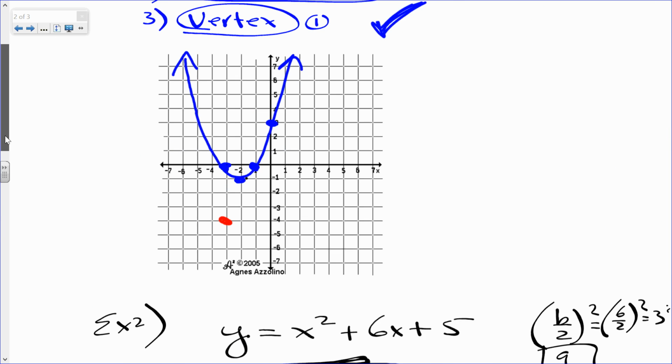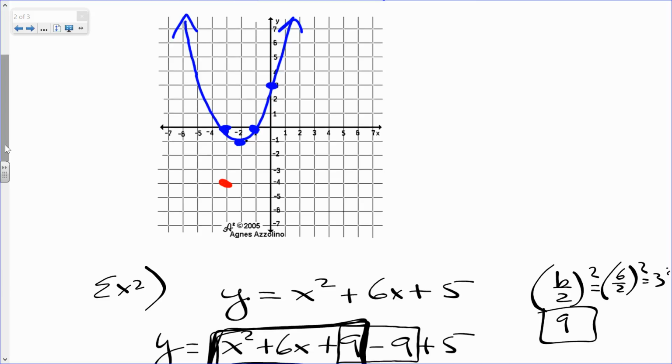So, negative 1, 0. There's another x-intercept, and negative 5, 0. Cool. So example 2 is in red right here on my board. Negative 1, 0, negative 5, 0. And here's a vertex for example 2.